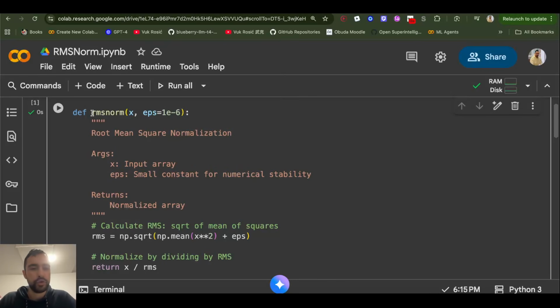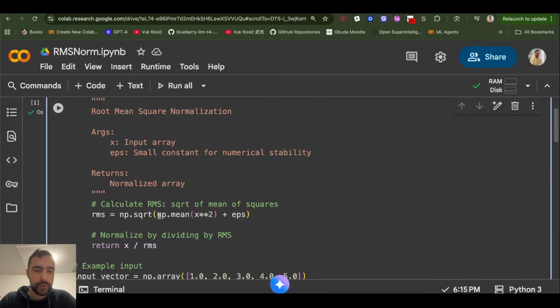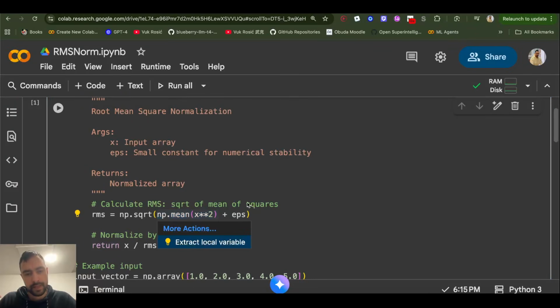And here in the code, you can see the same function. X is the input, and epsilon is a very small number to prevent division by 0. You always have this. So here we have our array, and we will first square all of the elements in the array and then find the mean of those squares. And in case this is 0, I guess we add epsilon.